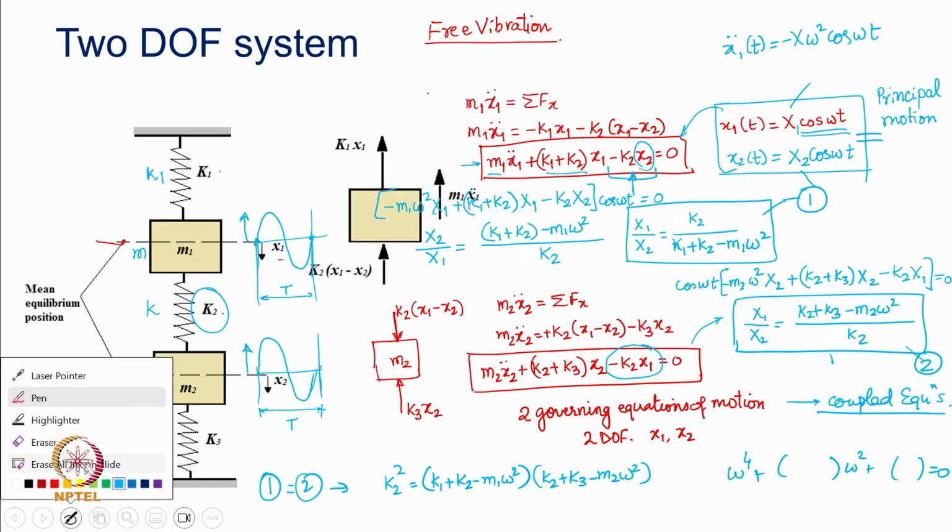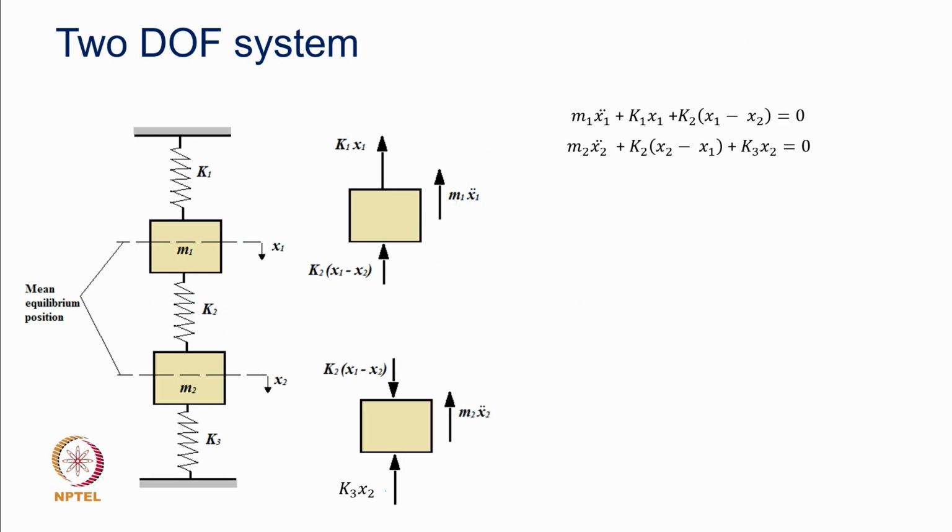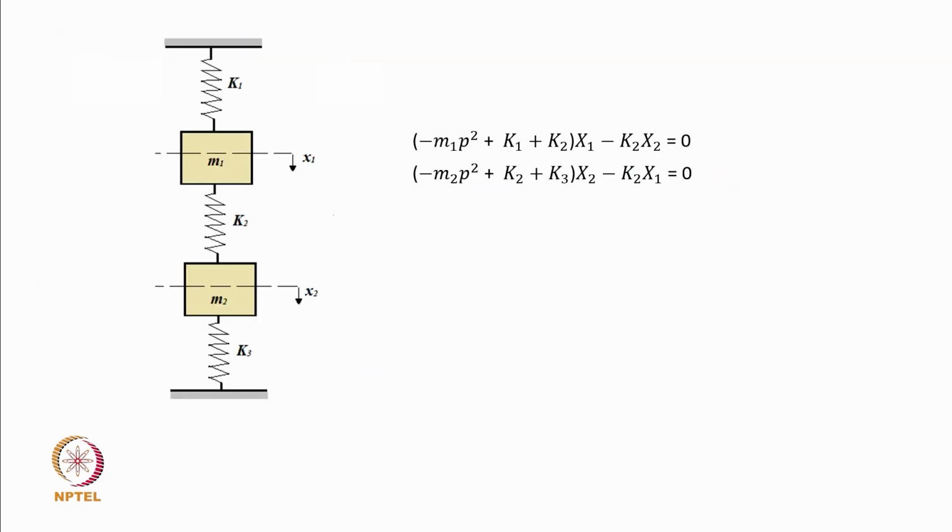Let me clear this off now. So, we did this, got these equations, and we said that this is the normal motion or a principal motion of the system. When we substituted, we got the governing equations simplified, giving the ratios between the two amplitudes of the two masses X1 and X2.